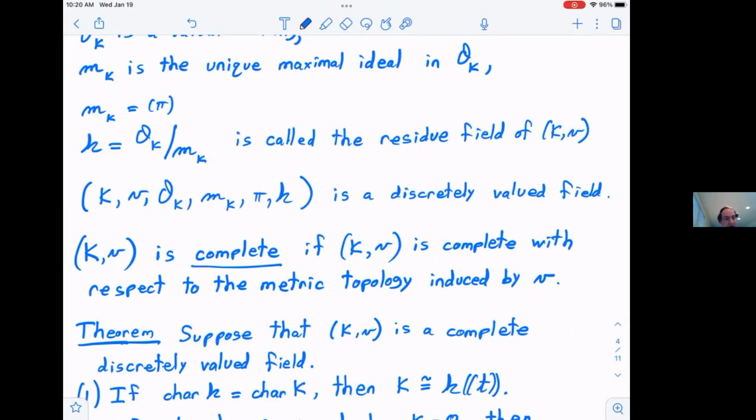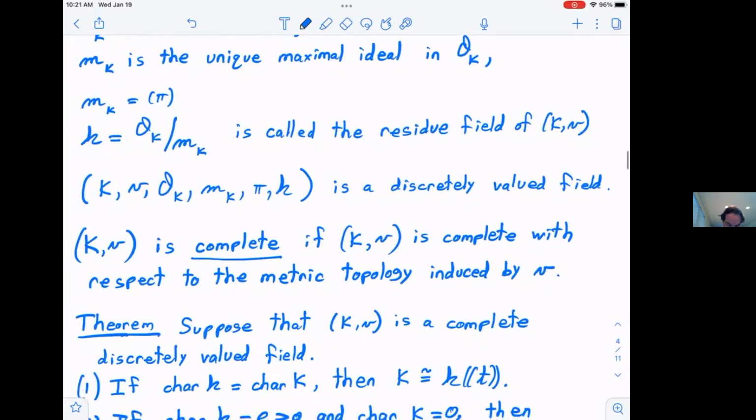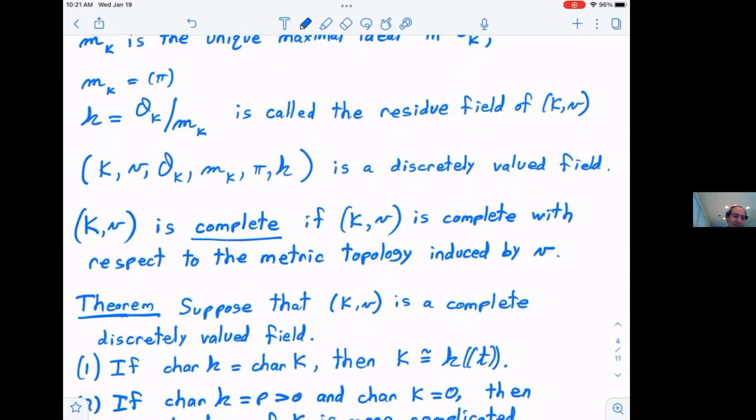If the characteristic of the residue field equals the characteristic of the big field, so both 0 or both p, then it turns out, surprisingly maybe, that K is isomorphic to a power series field. In the case when both have characteristic 0, it's not hard to prove. And if they both have characteristic p, you have to work just a little bit harder to prove this, but you can do it.